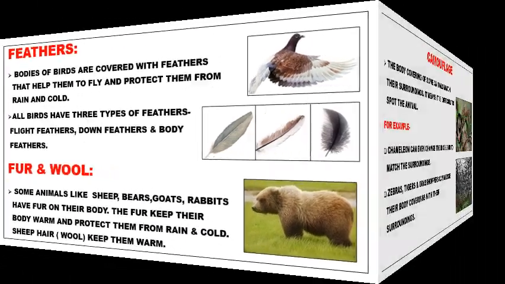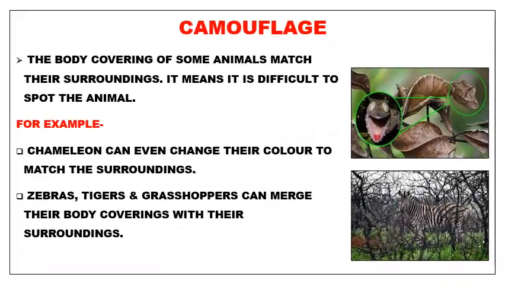Now what is camouflage? Students, as I told you that some animals use their body coverings to keep themselves safe from hunting by other animals. You know, the body covering of these animals matches with their surroundings and makes it difficult to spot the animal.